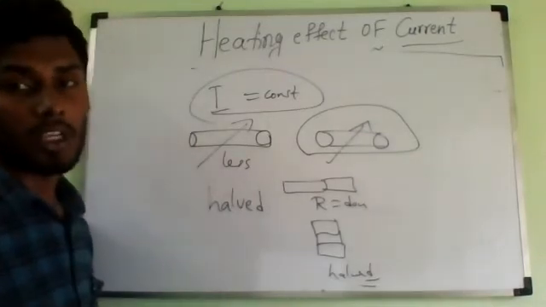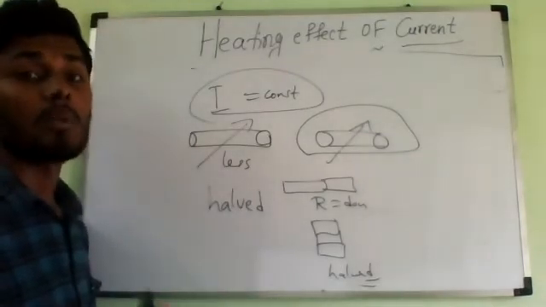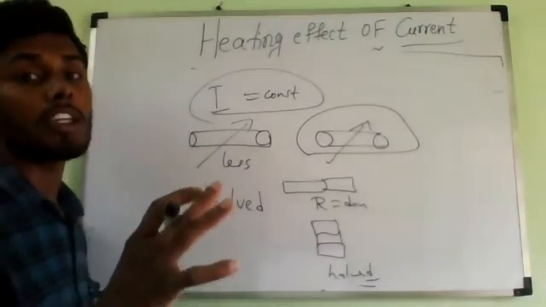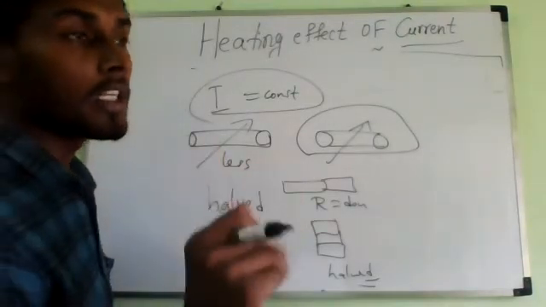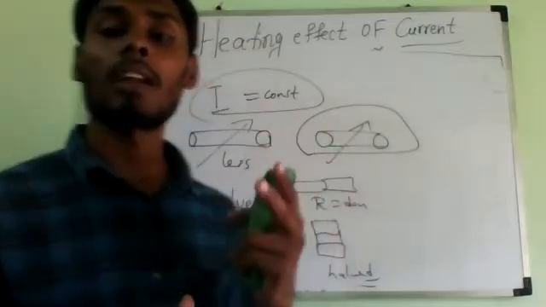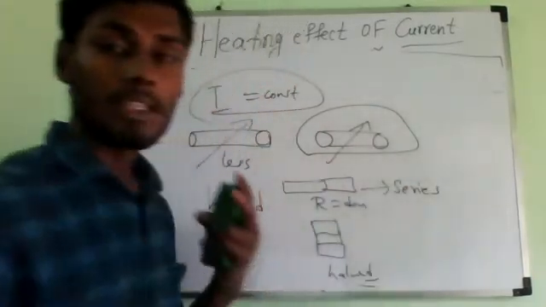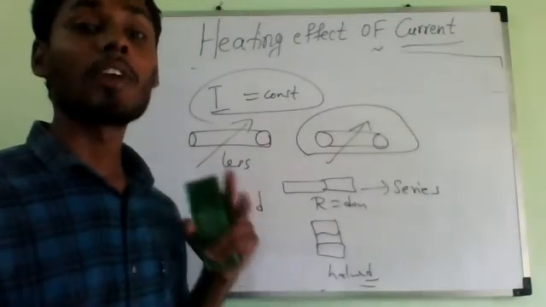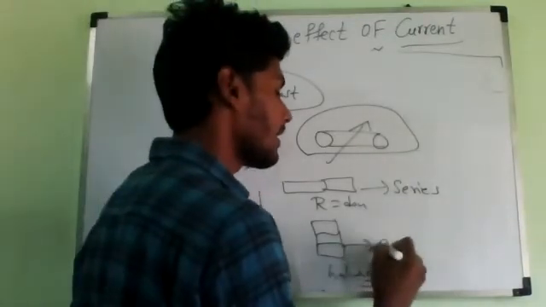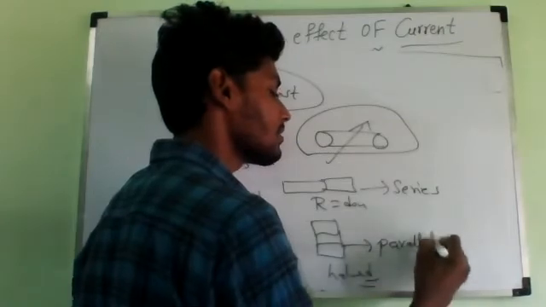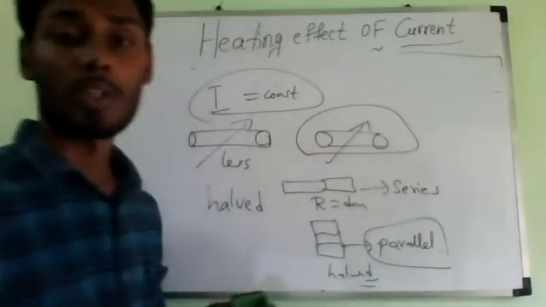So from this we can say that a given current will produce more heat per unit time if the 2 resistances are connected in series than when they are connected in parallel. This information is very useful for reason and assertion questions, most important.